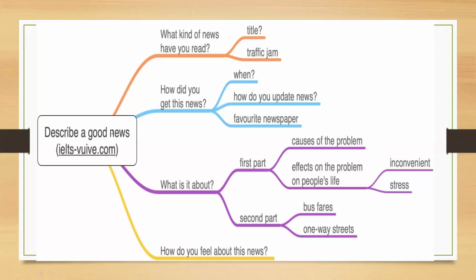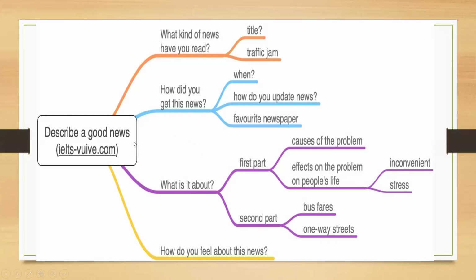So two main branches. First branch, what kind of news have you read? Second branch, how did you feel about the news? Then, how did you get the news? What is it about?